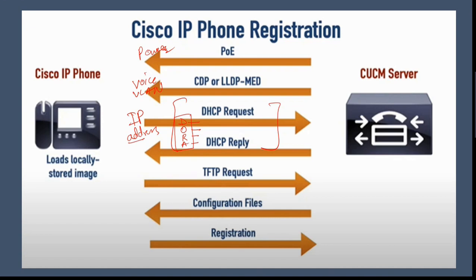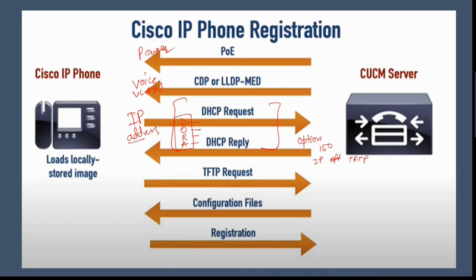Once the DHCP server has assigned an IP, next it has to route to the TFTP server. For the TFTP server, within the DHCP there must be option 150 and it should have the IP of the TFTP server, to which it will then route.